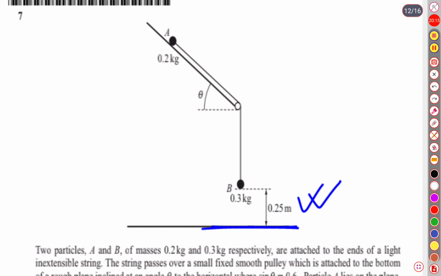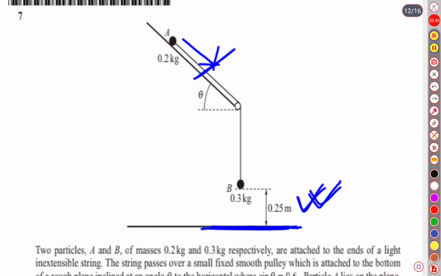So 0.25 meter distance has been covered for B to reach the ground. If B travels 0.25 meter, definitely A will also travel 0.25 meter distance. So one thing is very sure, that when B reaches the ground, A has traveled 0.25 meter distance.